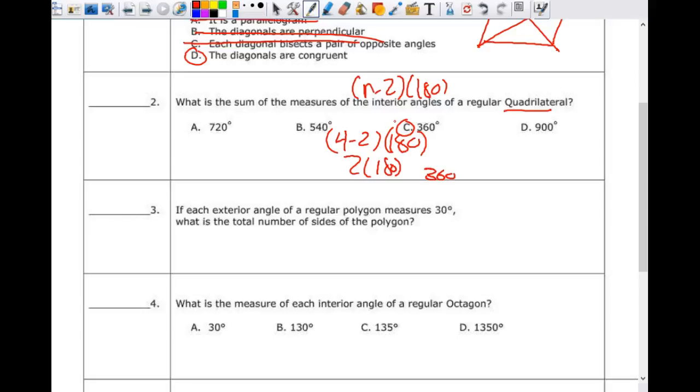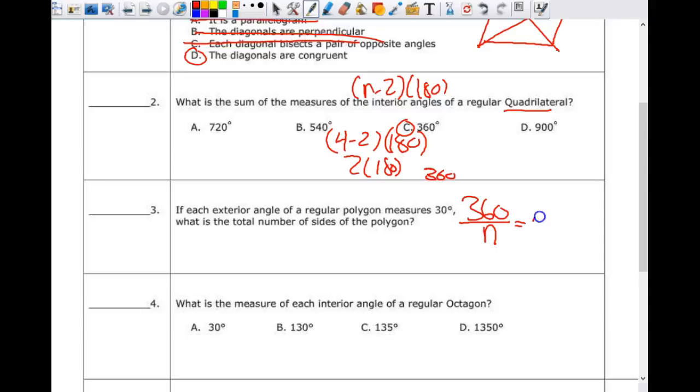If each exterior angle of a regular polygon measures 30 degrees, what is the total number of sides? The formula for this is 360 divided by n is equal to the degrees of each exterior angle. It's a straight formula question, except instead of solving for each interior angle, we're solving for n.